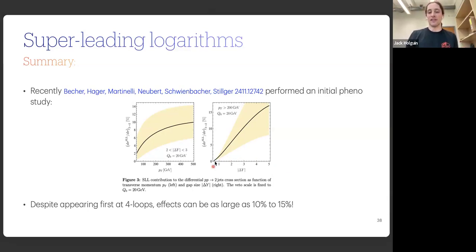And in this observable, they're finding for these quite moderate gap widths, 3 units in rapidity, you can get up to a 15% effect over the calculation without these present. So this is an important effect, despite the fact it first starts at 4 loops.